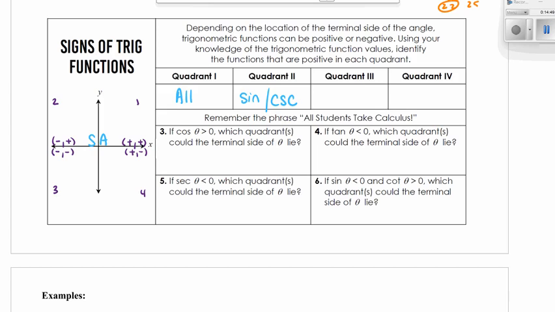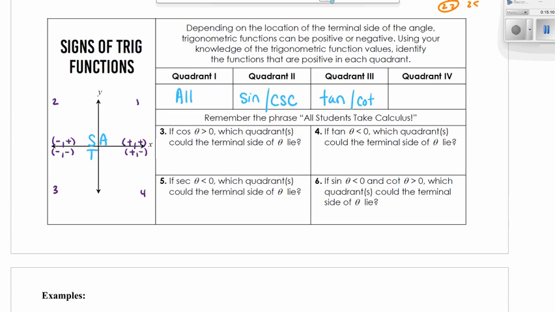Quadrant 3, both x and y are negative, so cosine's negative, sine's negative, but tangent, remember, is sine over cosine. If you divide a negative by a negative, you get positive. So in quadrant 3, the tangent and its reciprocal cotangent are positive. So I'm going to put a T for tangent.